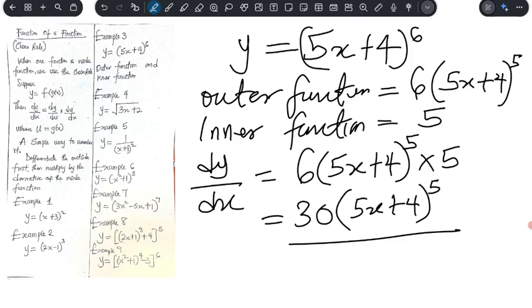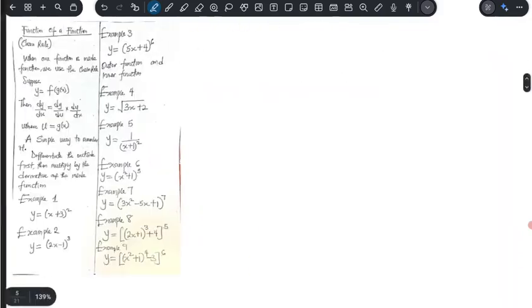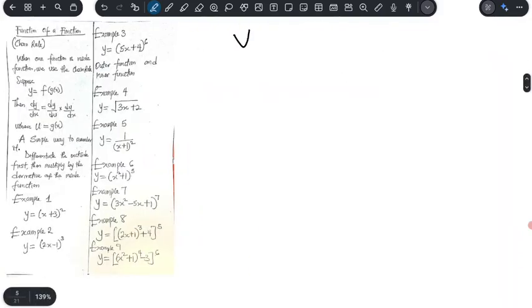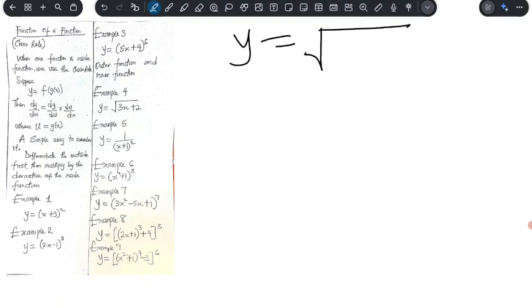So let me solve example 4. We are going to be using the outside and the inner function to solve all the remaining examples. So in example 4, we see y is equal to the square root of 3x + 2. Now, the first thing we are going to do is rewrite.